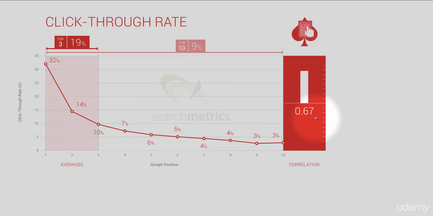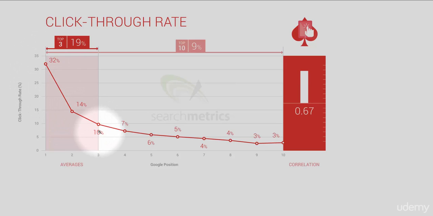Also, you can see the correlation factor is 0.67, which is the highest of any search engine ranking factor that we have seen till now in this course. So what does this 0.67 correlation mean? In the top 10 search results, you can see that the CTR of the second search result is 14%, which is lesser than the first.